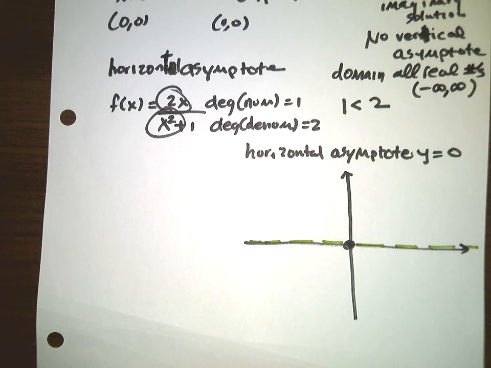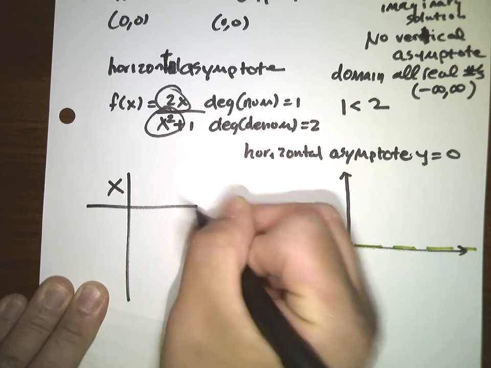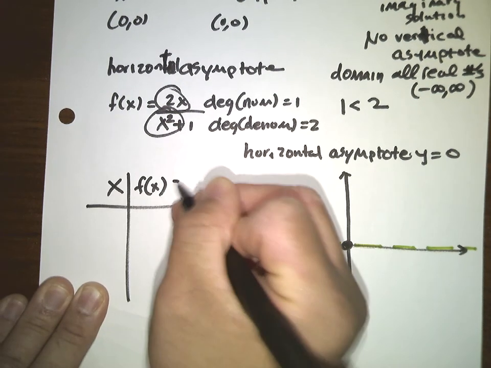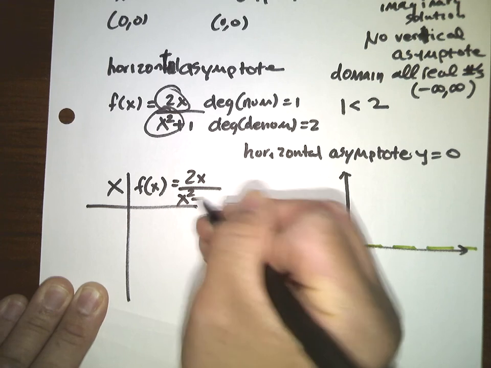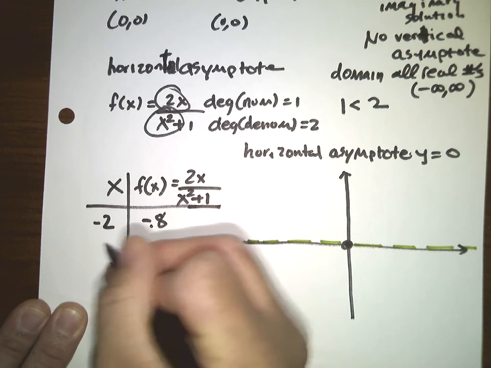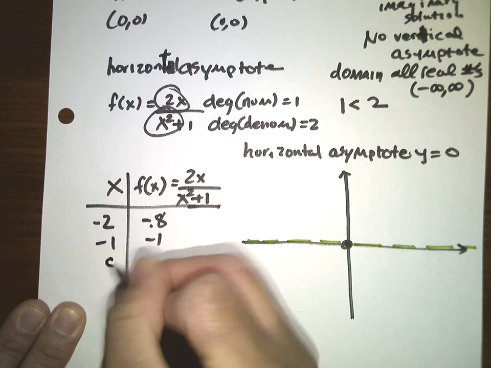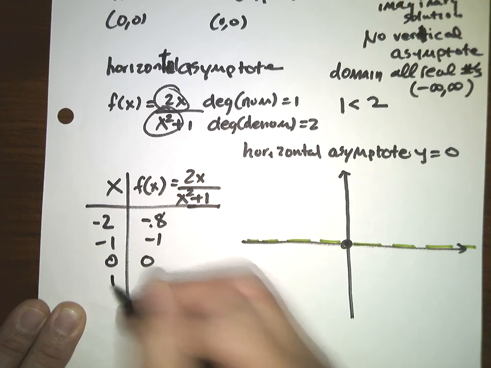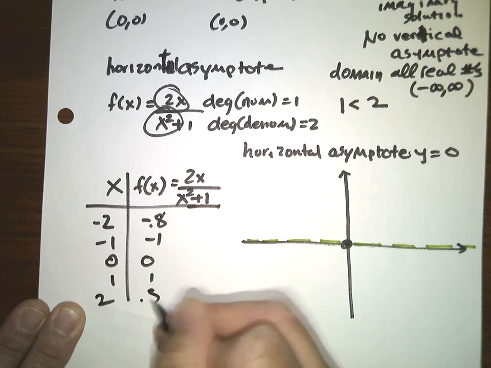Now I can substitute a few numbers just to get a sense of what this would look like. f of x is 2x over x squared plus 1. If I substitute negative 2, I get negative 0.8; negative 1, negative 1; 0, 0; 1, 1; and 2, 0.8.